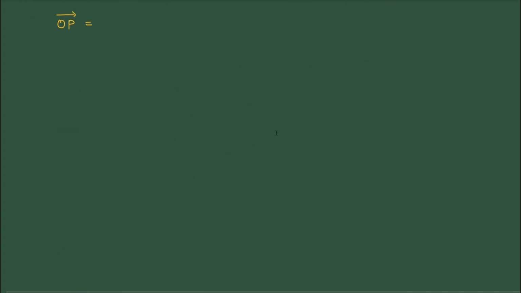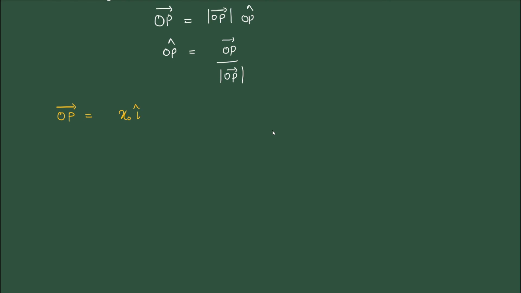So to go to the point P, I shall move x0 in the horizontal direction and y0 in the vertical direction. This is what the OP vector becomes, right?